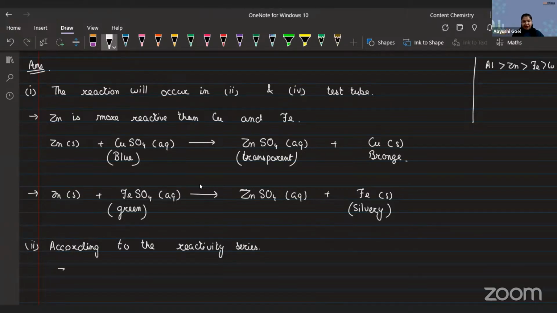What will be the answer? Aluminium is more reactive than zinc, is more reactive than iron, is more reactive than copper. Is it clear? So this is how I need to write the answers. And if I represent my answer like this, I'll get my full marks.